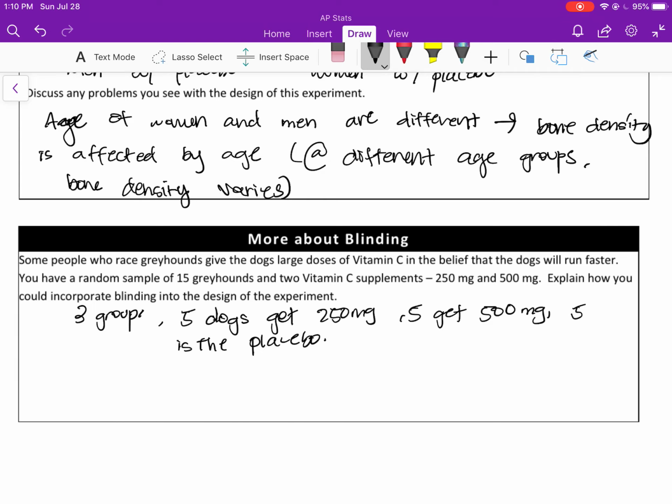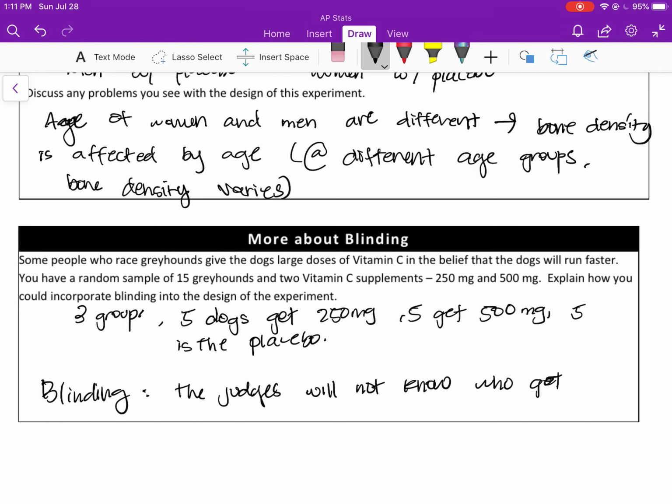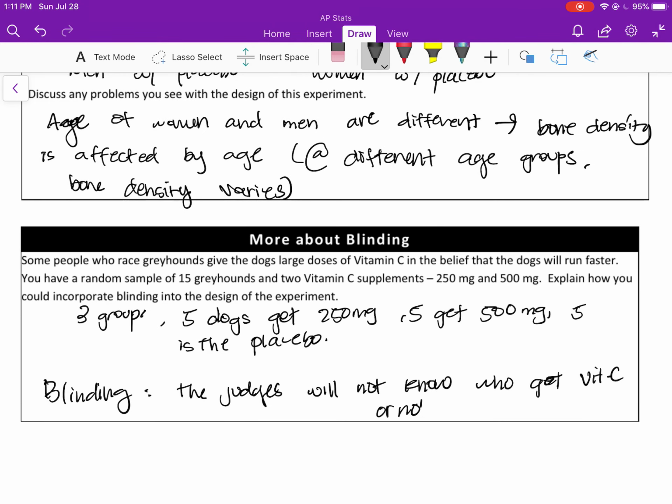Okay, and the placebo would mean that they don't get any of the supplement. Blinding occurs when the judges will not know who got vitamin C or not. Okay, and those watching the race also would not know.